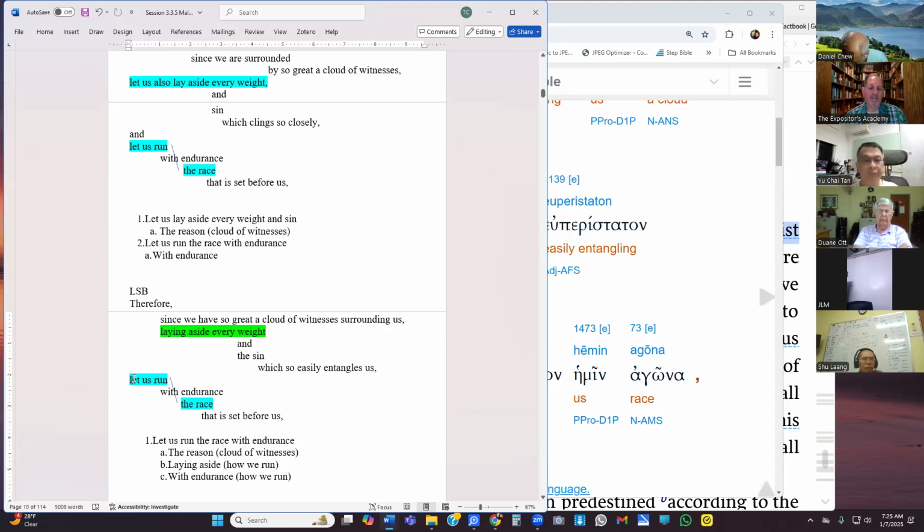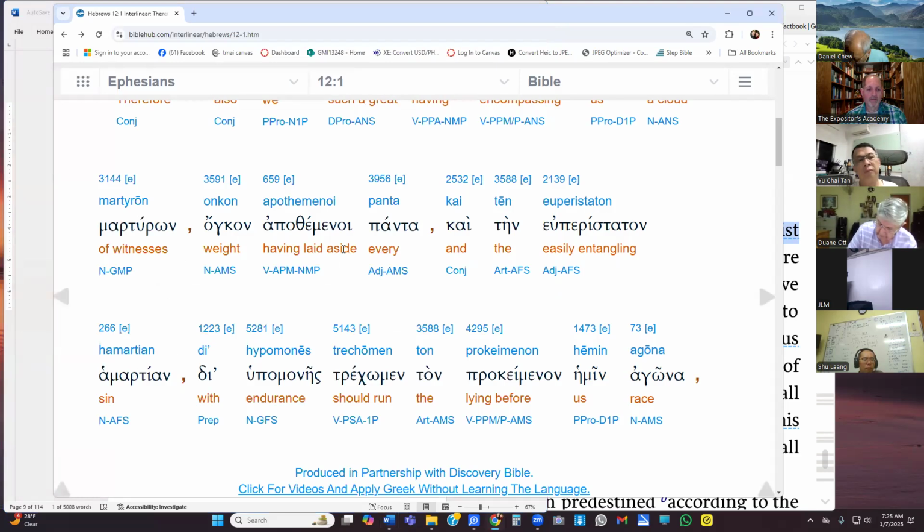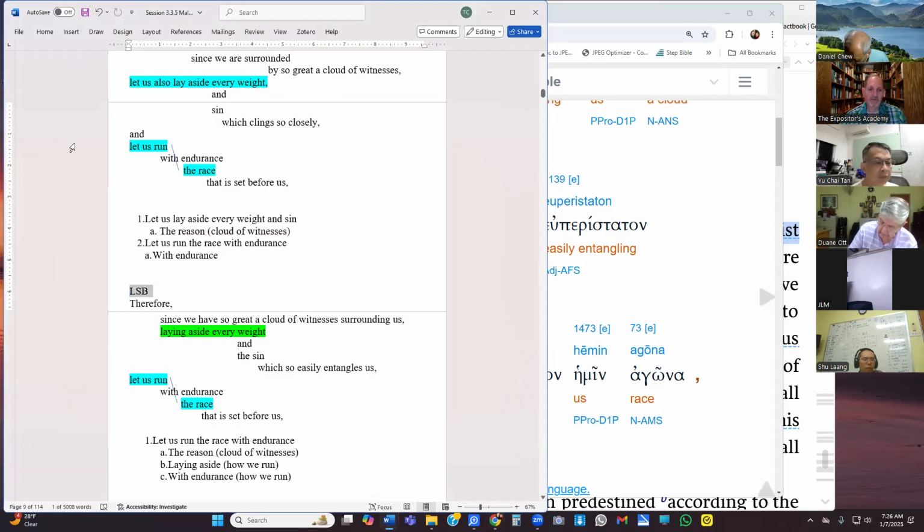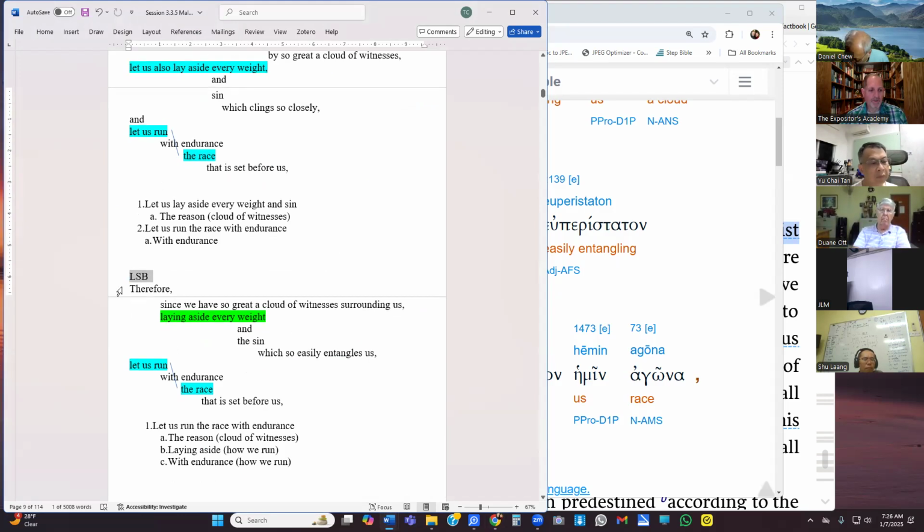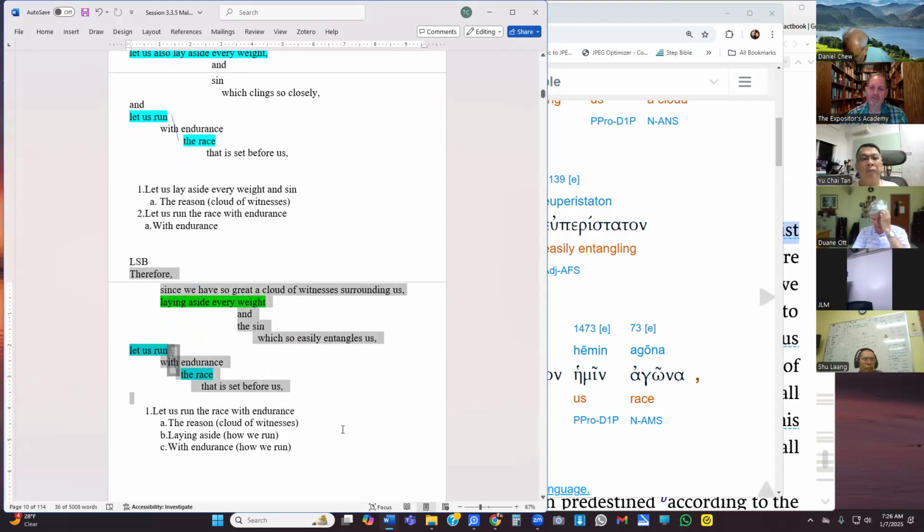There's only one main action in the LSB translation, which, as it turns out, by going to the interlinear here, having laid aside, we see the LSB in this case is closer to the original. And so we should follow this translation.